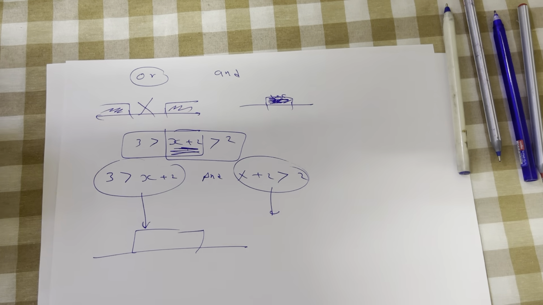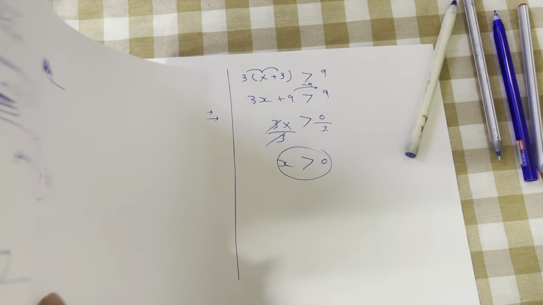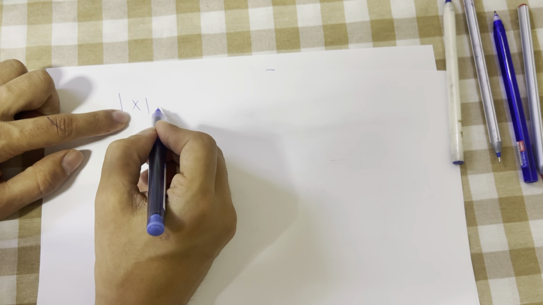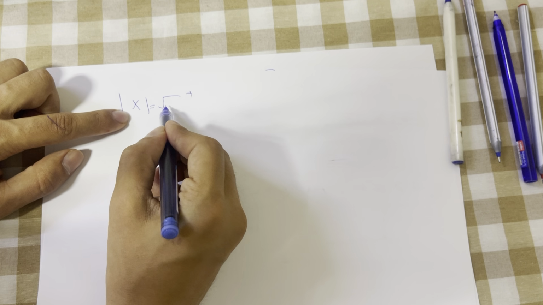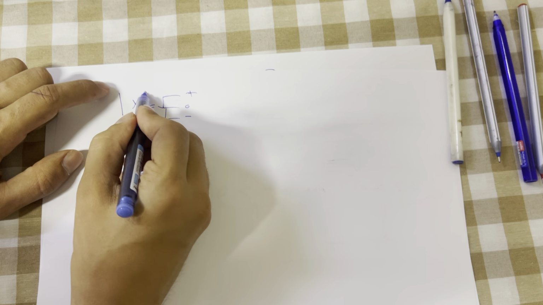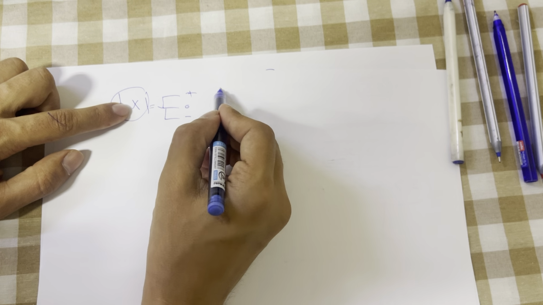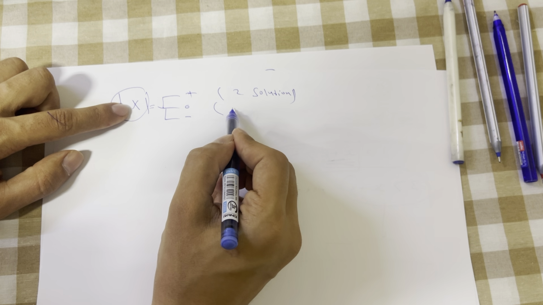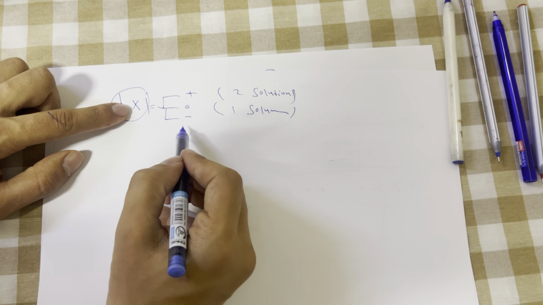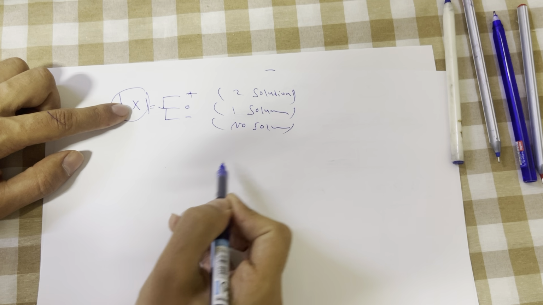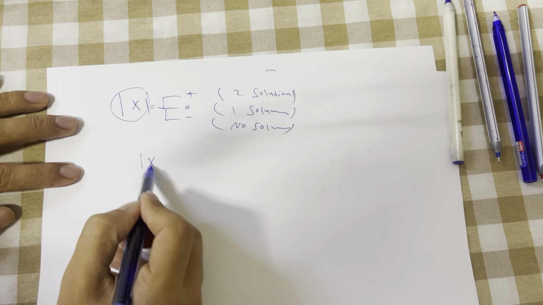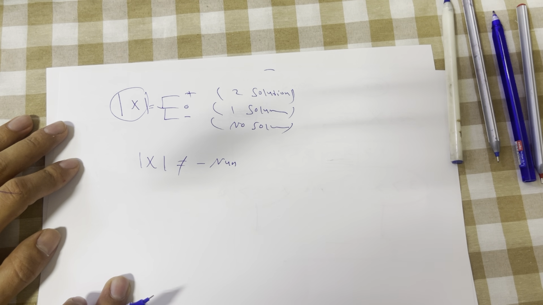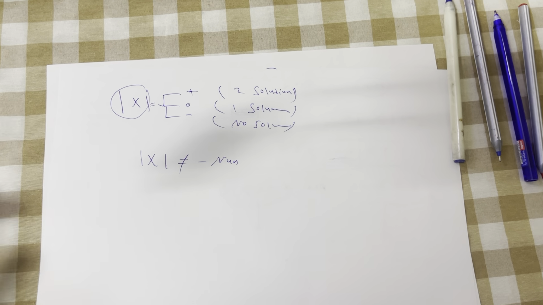Now the absolute value case. Whenever we have an absolute value, we have three cases: it equals a positive number, or 0, or a negative number. If absolute value equals a positive number, we have two solutions. If it equals 0, we have one solution. If it is negative, we have no solution. It doesn't allow it, okay, it is not possible.